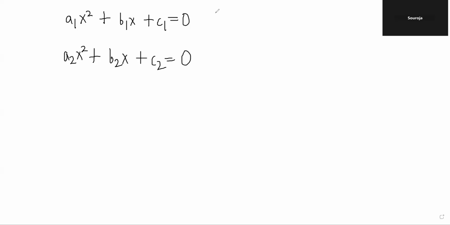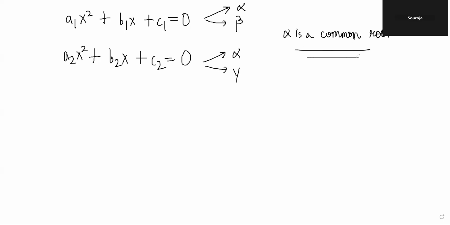Right now we are doing the derivation of how to get the condition for common roots. So alpha and beta are the roots of this, and alpha and gamma are the roots of this. So we are saying alpha is a common root. I need to figure out a condition so that this happens.